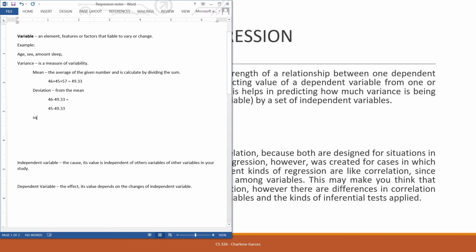The purpose of the square deviation is for us to multiply each deviation by itself to have the result of a positive number or positive output.